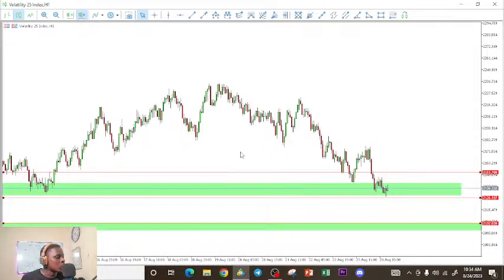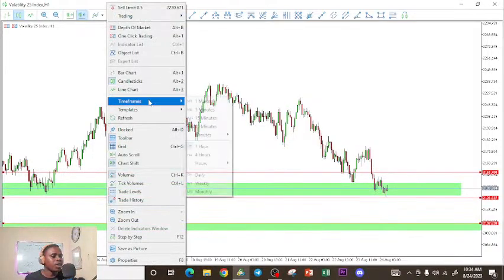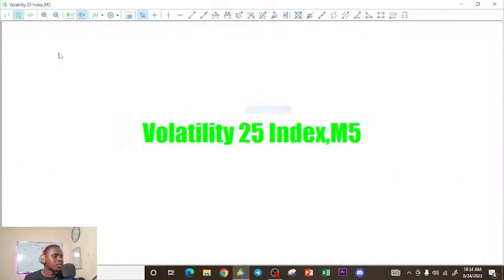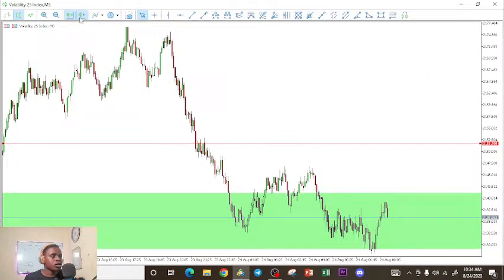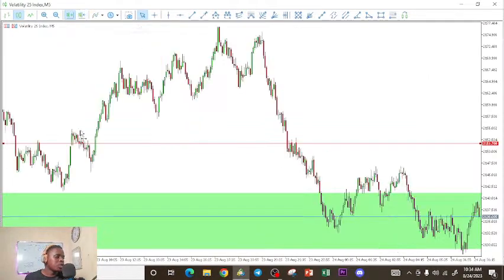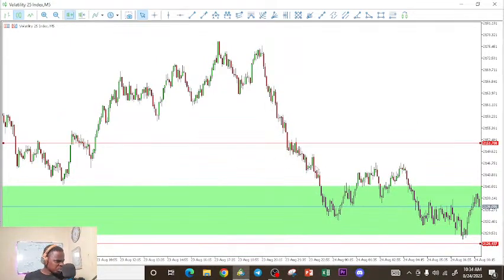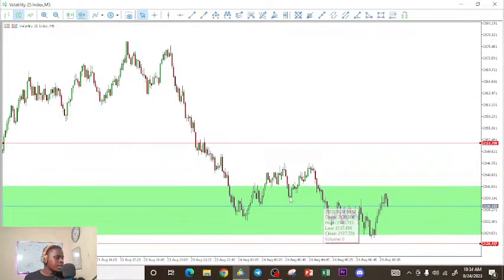I just want to continue this trend, which is now going to the downside. So if I go to a lower time frame, also go to the 5-minute time frame, we might also get some confirmation right there. All right.